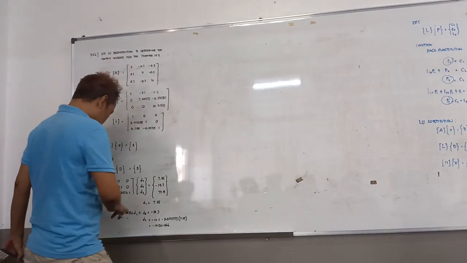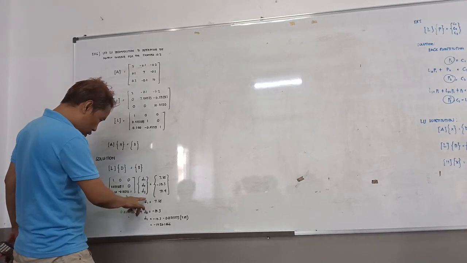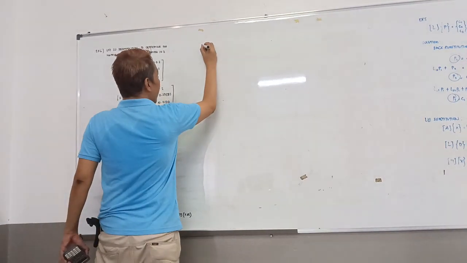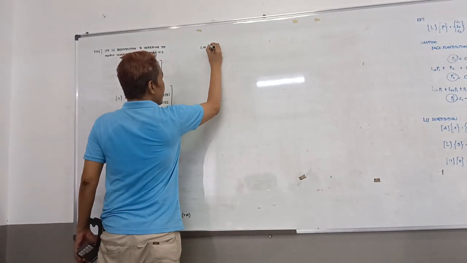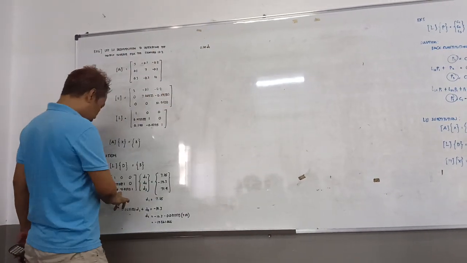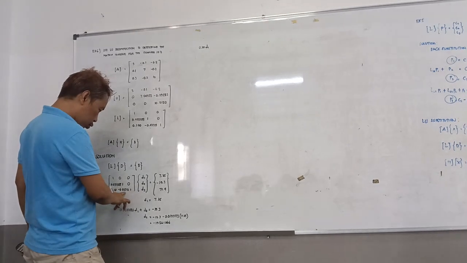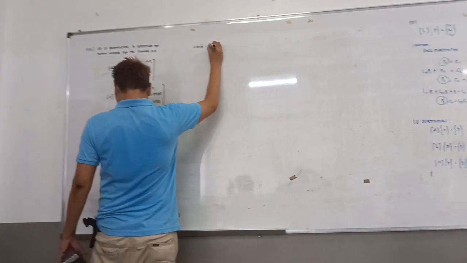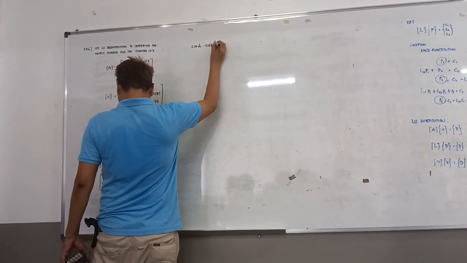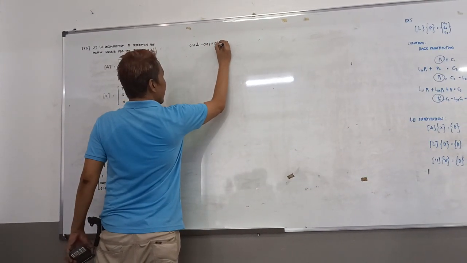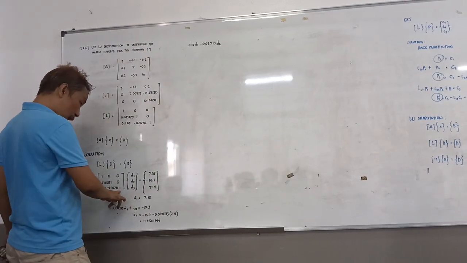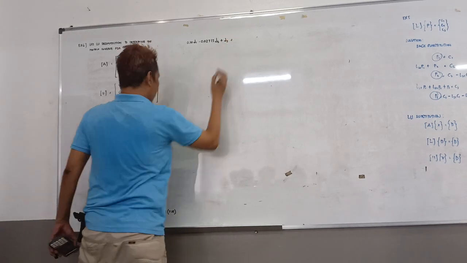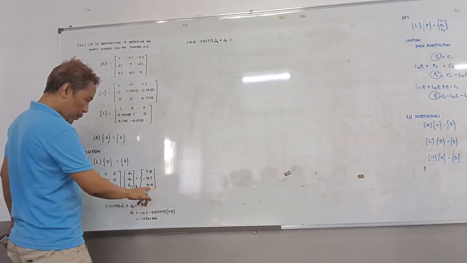Multiply this row, 0.1 times D1, then negative 0.02713 times D2, and then 1 times D3, which is equal to 71.4.